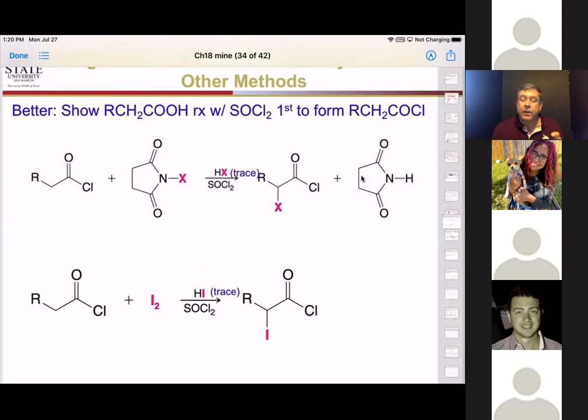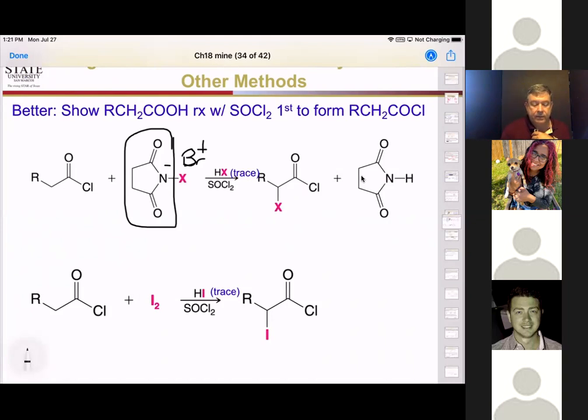And in this case, we've already pre-complexed our halogen with this nitrogen anion to give us our halo, like in this case, bromine, as a positive charge right here. And so now our bromine is going to be attacked by our nucleophile, okay?